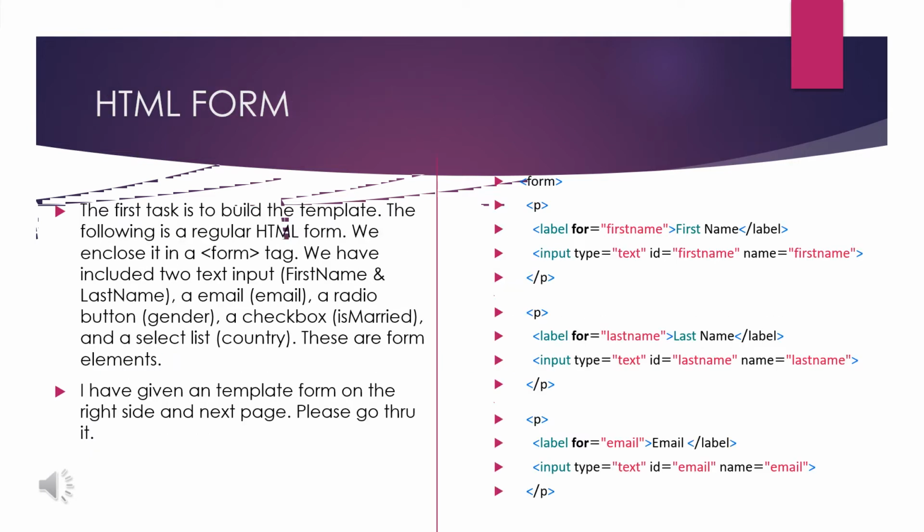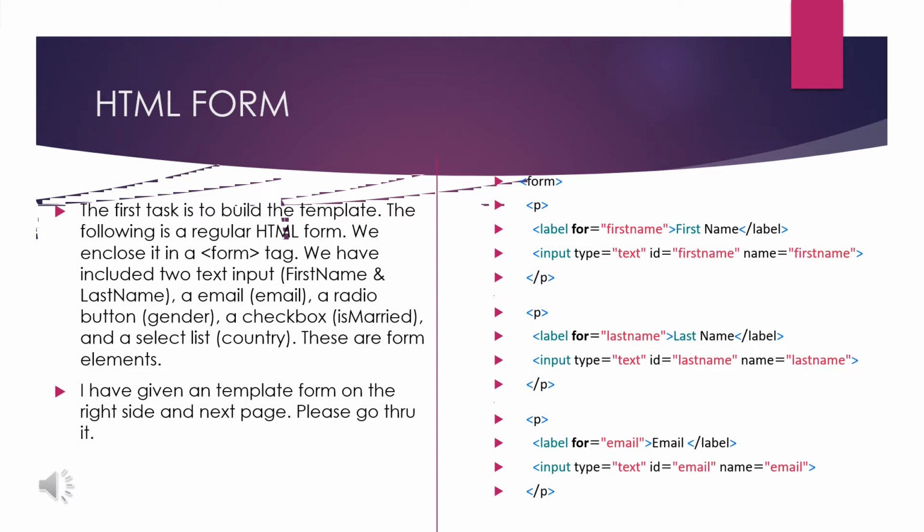As I told you earlier, we have most of the work in the HTML form. The first task we are going to do here is to build the template. For building a template for template-driven forms, we have to use a form first. Inside this form we are declaring values. I'm using two text inputs here, one is first name and another one is last name.